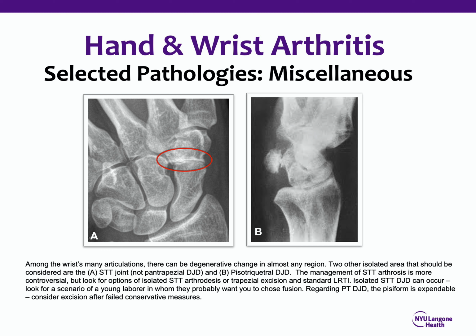Just know that the pisiform is expendable. You can take out somebody's pisiform. It's a sesamoid bone. You'd be shelling it out of the flexor carpi ulnaris, I guess. But the idea is watch out for it. It might be a bit of a red herring. People are not usually used to getting this projection and looking at the pisotriquetral joint. Just have it somewhere in the back of your mind.